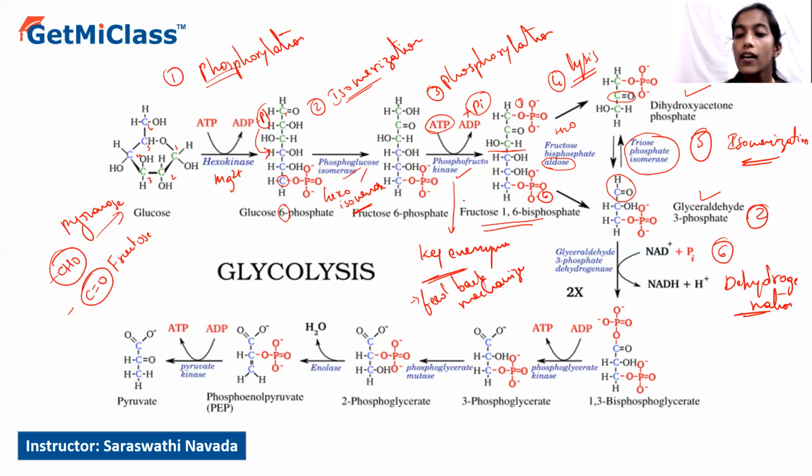So here the hydrogen atom will be removed from glyceraldehyde 3-phosphate, resulting in the formation of an acid. So glyceraldehyde 3-phosphate will be oxidized into glyceric acid, and the hydrogen ions released during this process will be accepted by the reducing agent called NAD.